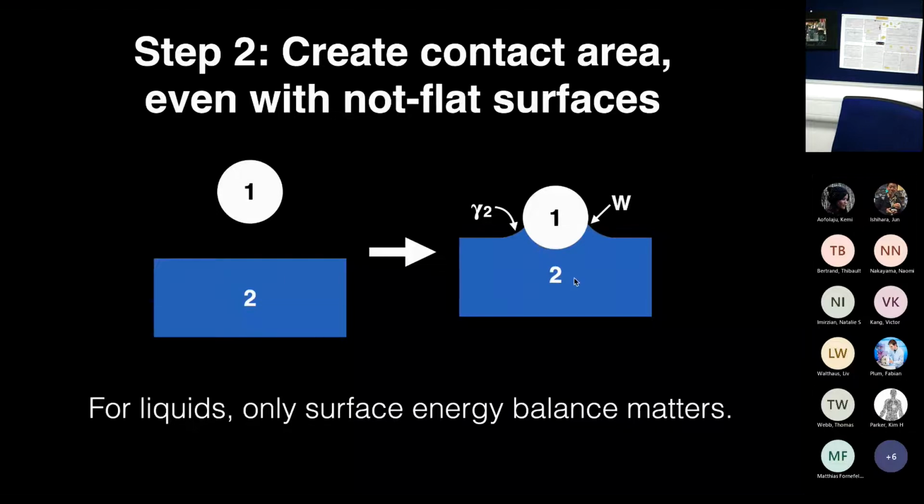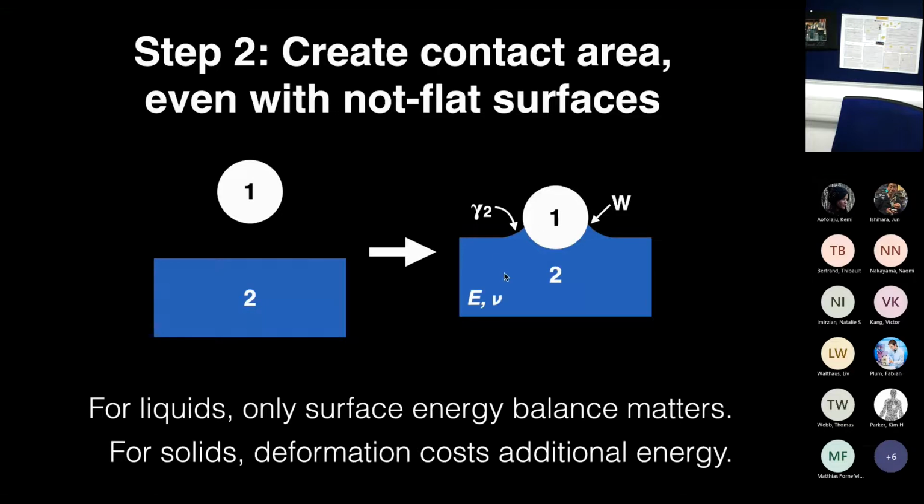And as we saw with the wetting example, for liquids, only the surface energy balance actually matters in determining the geometry and the depth at which number one will indent number two. In fact, for a pure liquid, this reduces to the adsorption example I showed you before of the particles on a liquid interface. But when this is a solid or something more solid-like, that deformation to create this extra interface also costs additional energy.